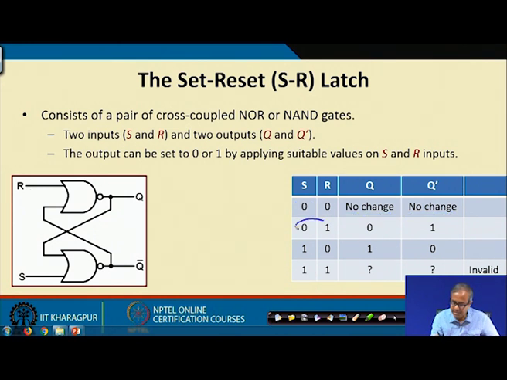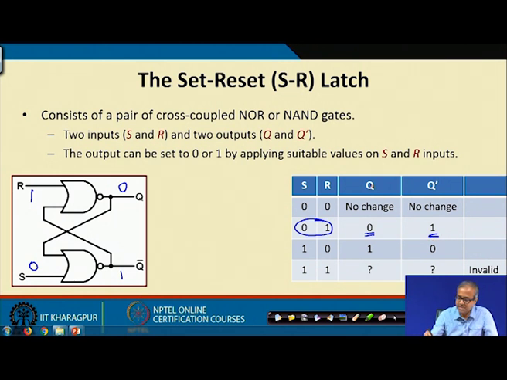Now, suppose I apply 0 1, S equal to 0 and R equal to 1. For a NOR gate, if we apply a 1 to one of the inputs, the output is forced to become 0, and this 0 and 0 will become 1. So, for this case, Q is 0, Q bar is 1.